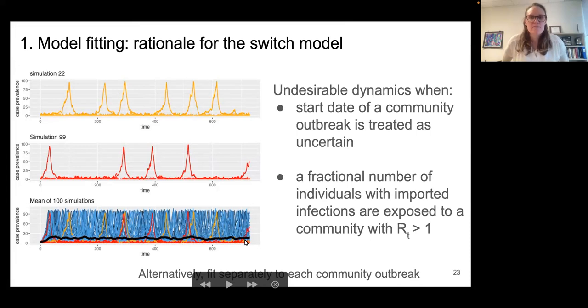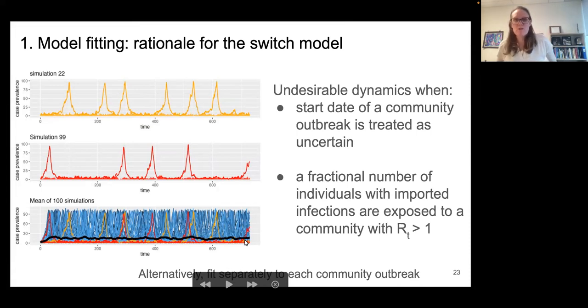We also get undesirable dynamics if we allow there to be a fractional number of individuals arising from importations, and if we expose them to a community where you have a reproduction number that's bigger than 1. This is the second point, undesirable model dynamics that can arise from compartmental models.